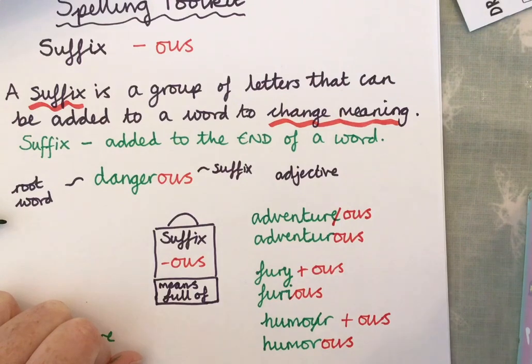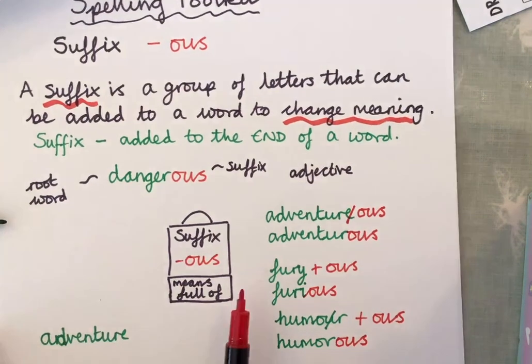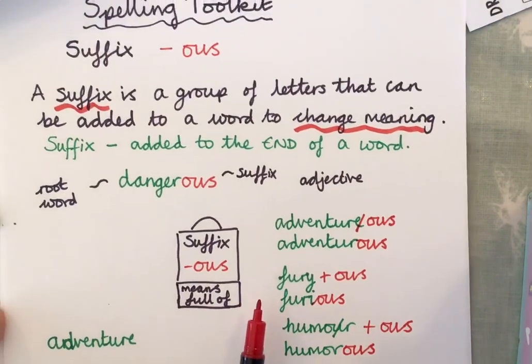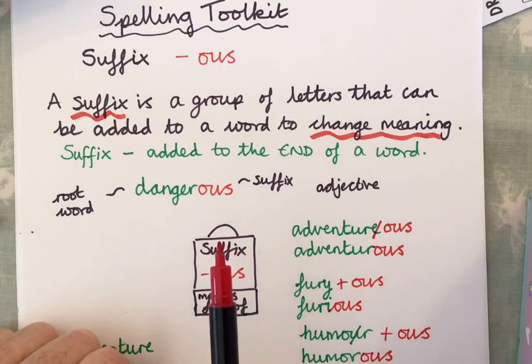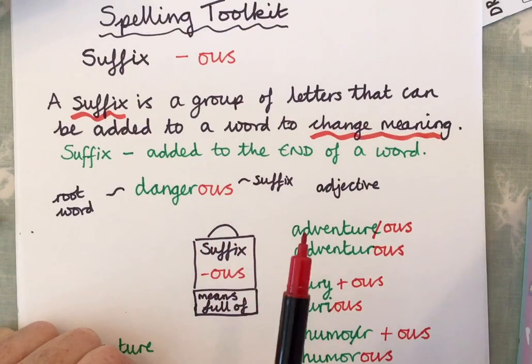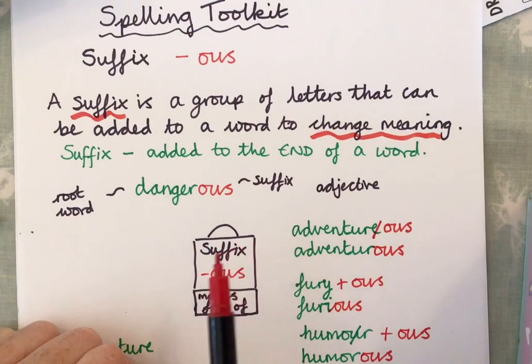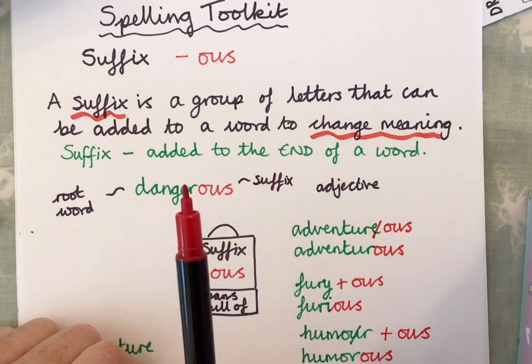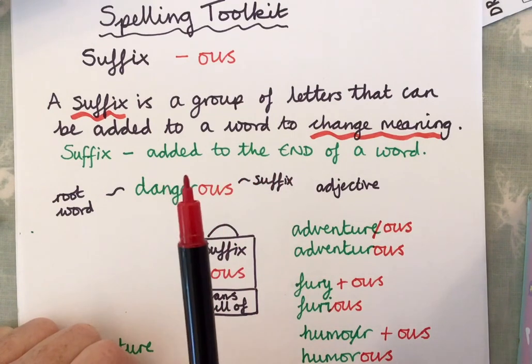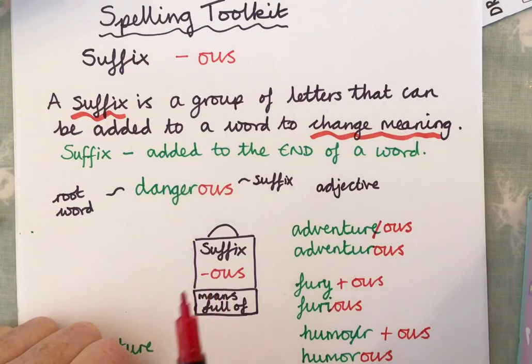Now, sometimes with these patterns, not all words follow the rule, and it's not always easy to see the root word. Sometimes you can't split it up. But for the ones I've shown you, you can. There are also some words that don't follow the rule.